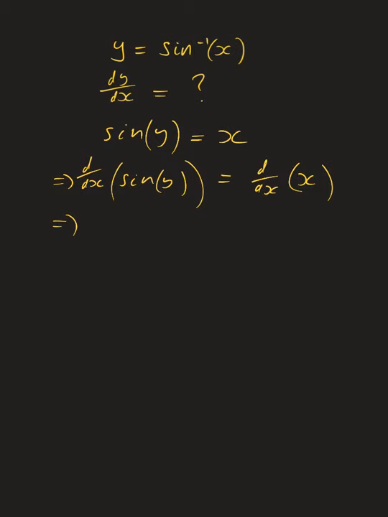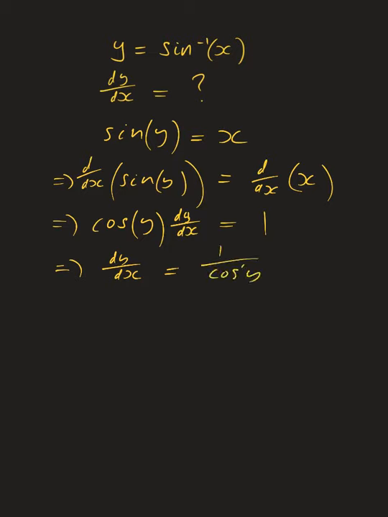Well, the derivative of sine is cosine, so that's cosine y times the derivative of what's in the brackets, which is just dy dx. Derivative of x with respect to x is 1. So dy dx is equal to 1 over cosine of y.